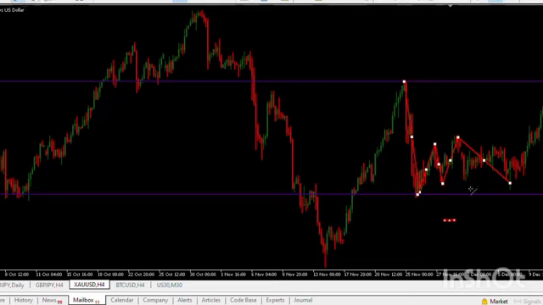Now you can see the next movement that took place here. All these points where the rejection is taking place are actually serving as a retest. So for every break of structure in the market, there is a retest.